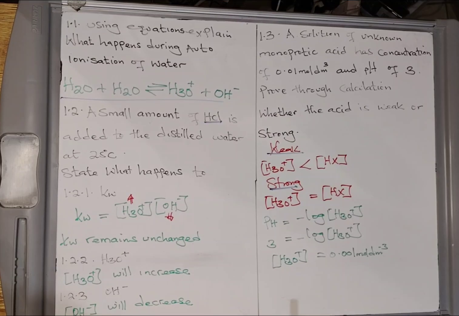This is what we get after computation. From our pH, the concentration of hydronium ion in the solution is 0.001 moles per cubic decimeter.